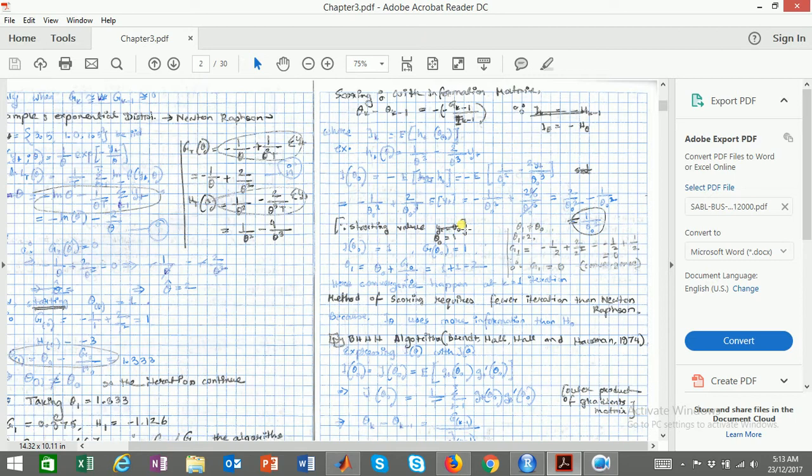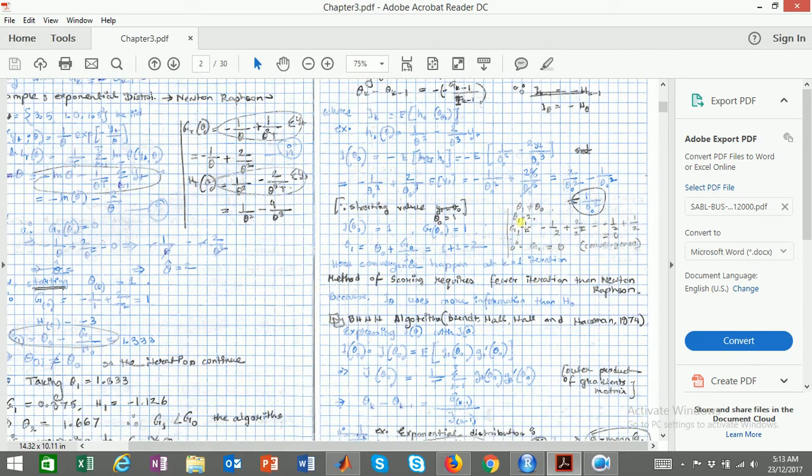And the iterative scheme for the method of scoring becomes: theta k equals theta k minus 1, theta 1 equals theta naught plus g naught by I naught.